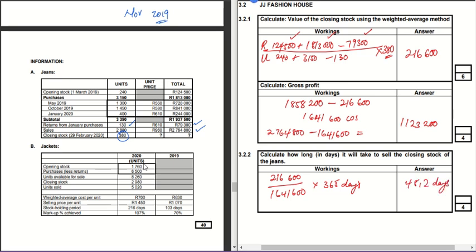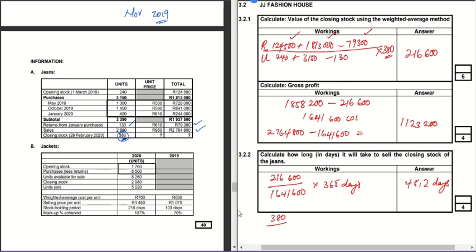The other way is for you to use your units. You say how many units is your closing stock? It is 380. Then you want to say how many units have you sold this year?